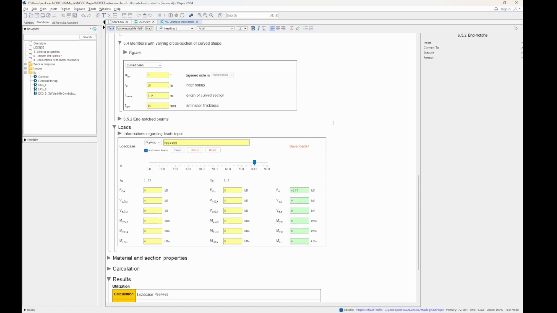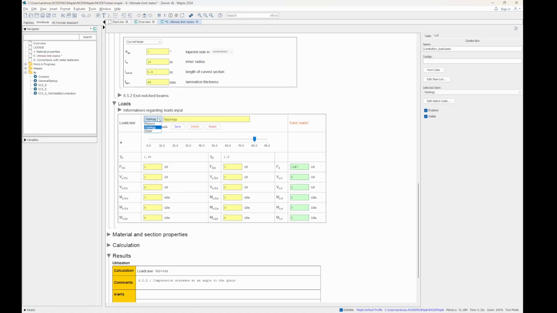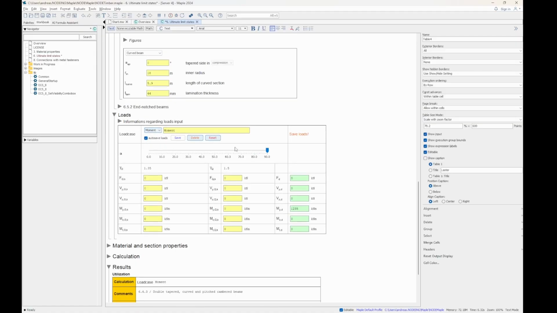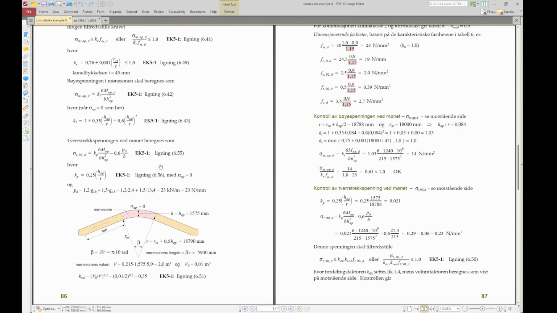So let's just check the 3 points we need to check. We have the middle of the section, the moment, which is 1235 kilonewton meters. That would be the first check here.